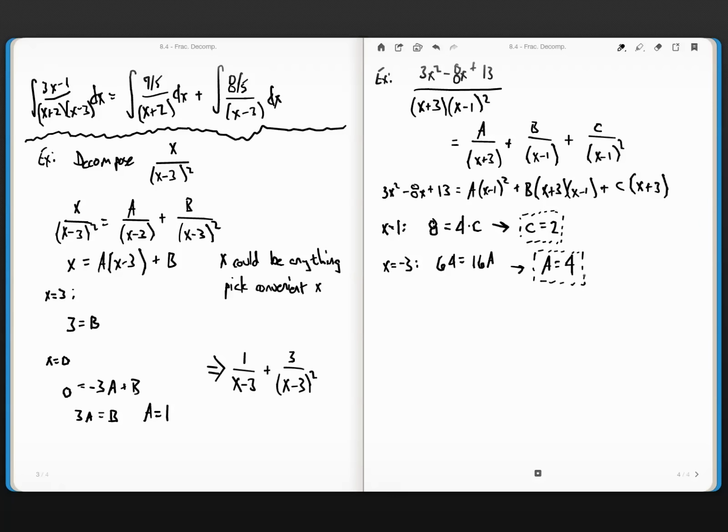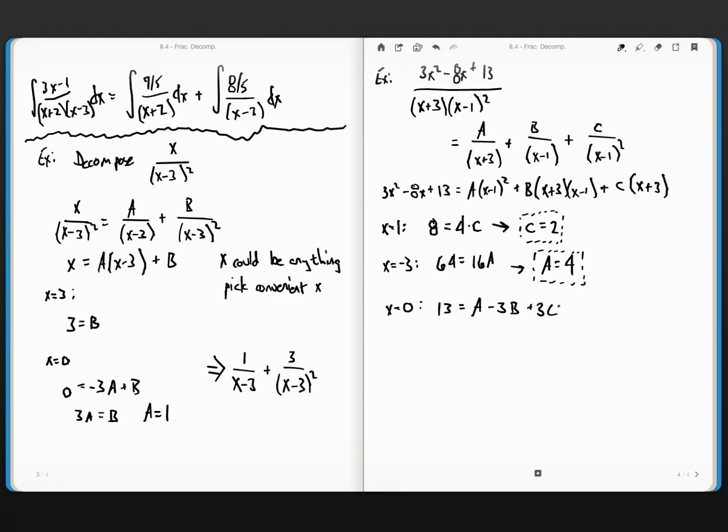All right, good. And then, well, I picked everything that makes stuff go away, so now I just pick something easy, and my favorite number that's easy is 0. And then, so we say this is all 0, so this is 13 equals x minus 1 squared, so that's just a, and so 0 is 3, minus 1, -3, so minus 3b, and then plus 0, so that's just 3, so it's 3c.